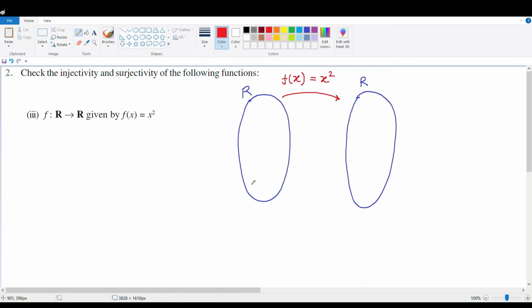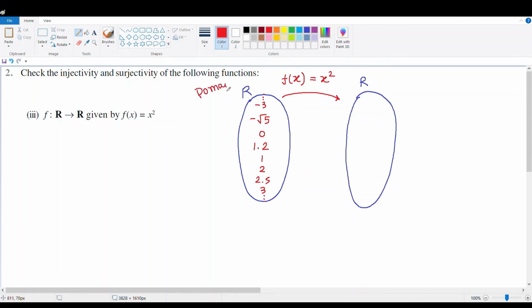Since it is the real number set, the numbers are going to be like -3, maybe negative square root 5, 0, 1.2, 1, 2, 2.5, 3, and many more, because all the real numbers that you can imagine are here in this domain.